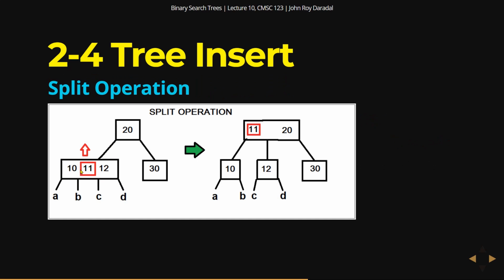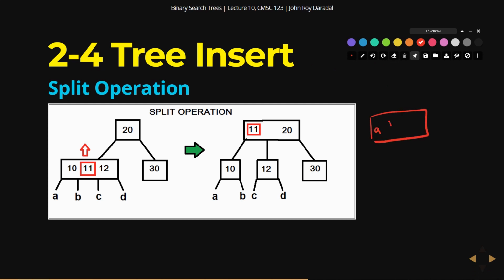So we'll split this 3 node by elevating this middle child to the parent. So 11 became a part of the parent. The parent now has 11 and 20, and the 2 remaining keys here would be split into single nodes.